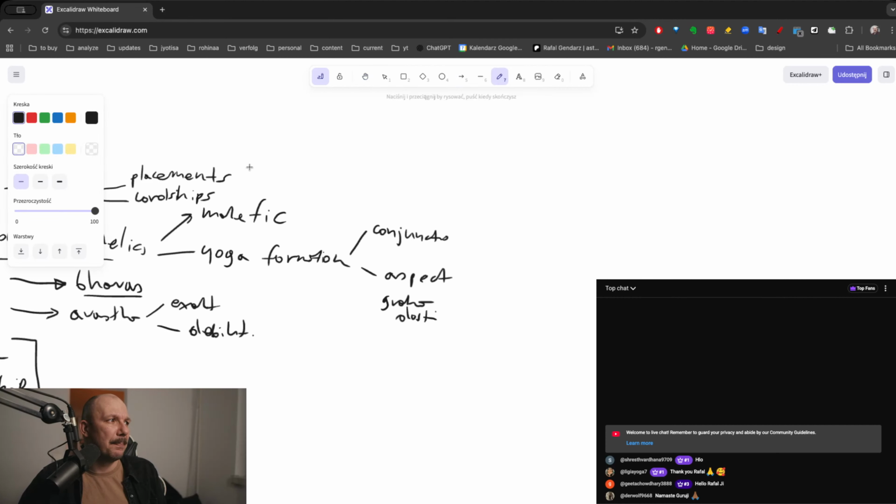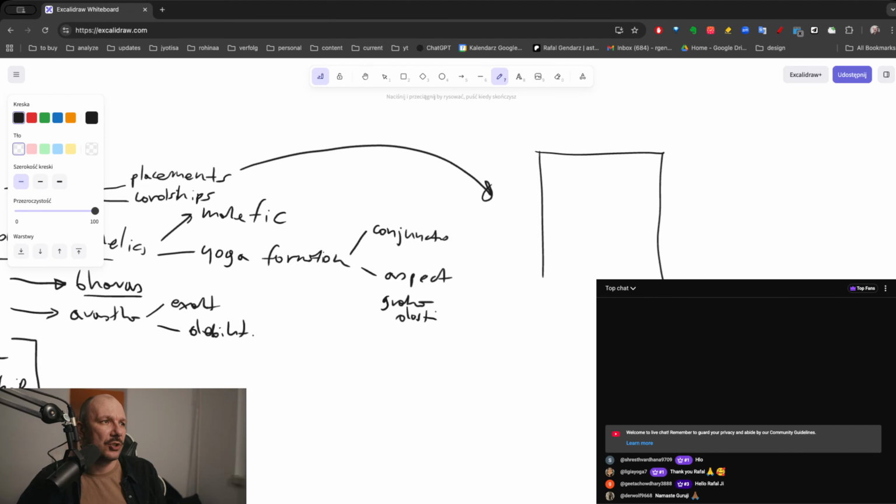Now, the first thing, the placements. We have two types of chart. In the south chart, this is the square one. Here we start, and Aries is always here, right?